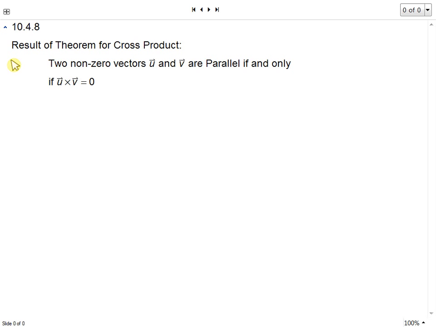So if you take two vectors, you cross them, and you get 0, they were parallel. Or if they're two parallel vectors, then when you cross them, you're guaranteed the cross product is 0. So both directions. Don't confuse the two. Don't think that if you're trying to find a vector that's perpendicular, you're trying to get the cross product to be 0. That's incorrect.